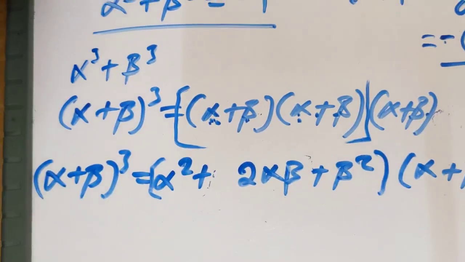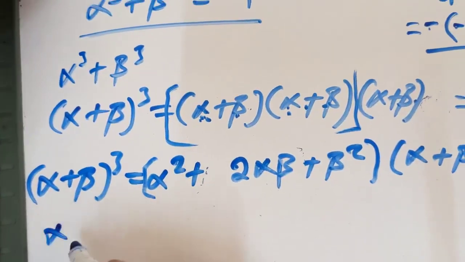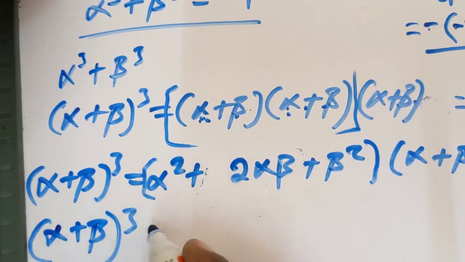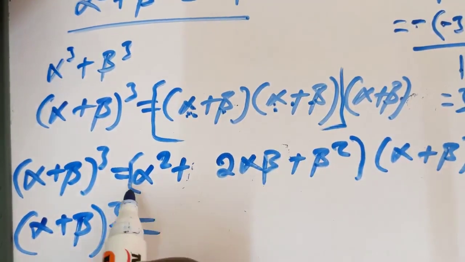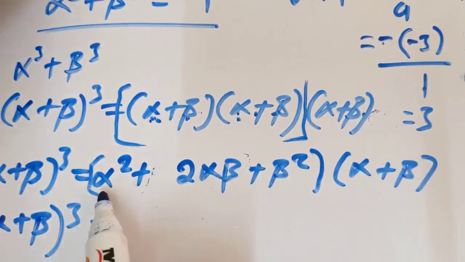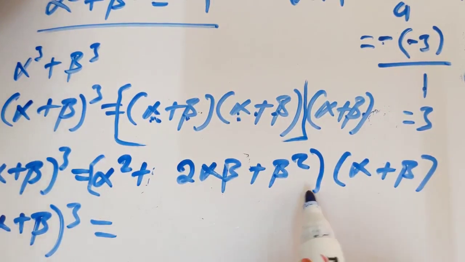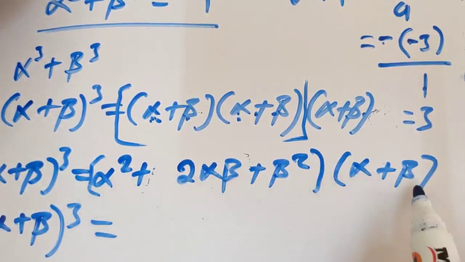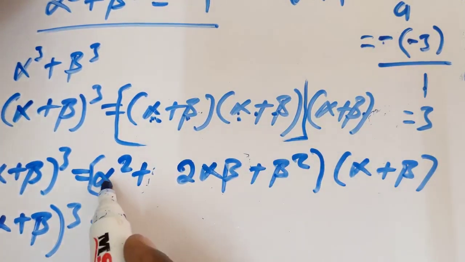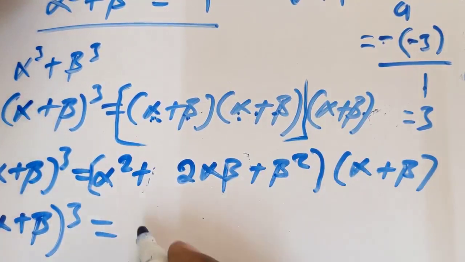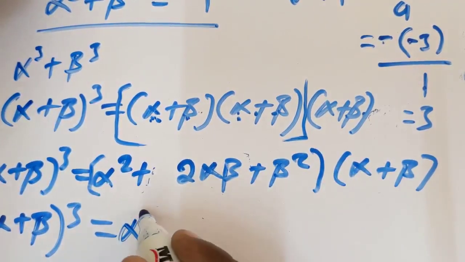So you go on, you write alpha plus beta to the power 3 is equal to, then you need to multiply this again with this here. You need to multiply these terms here with that, so this will be multiplied by everything. So alpha squared times alpha is going to be alpha to the power 3.